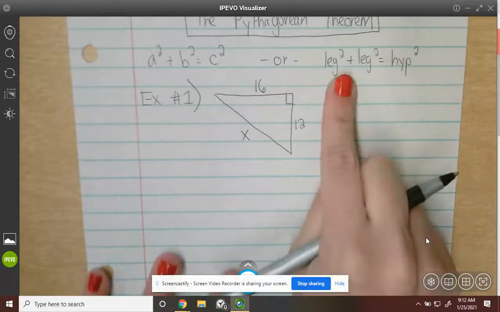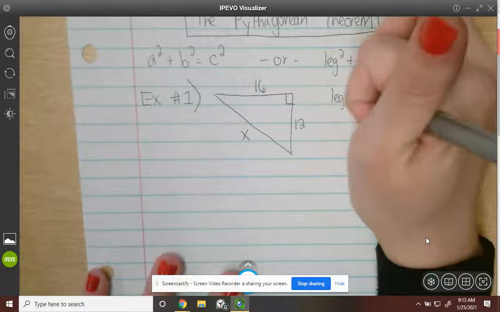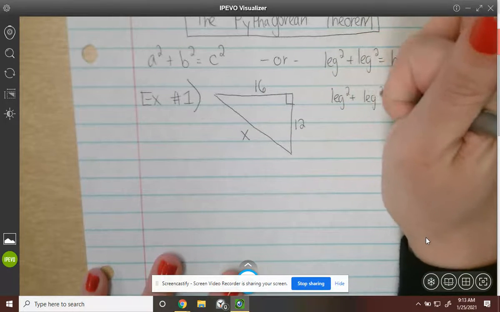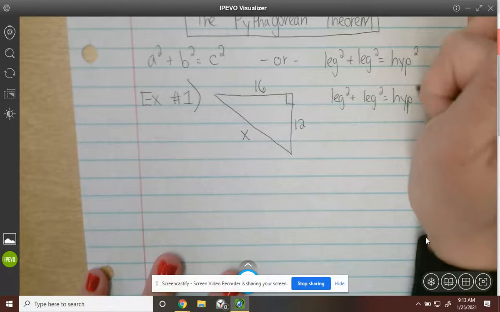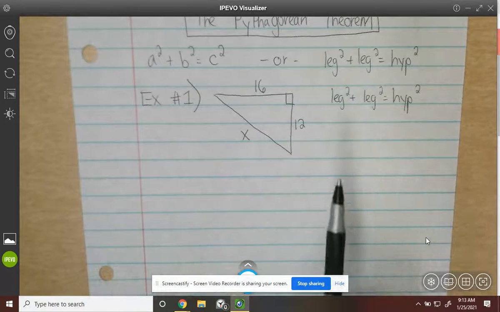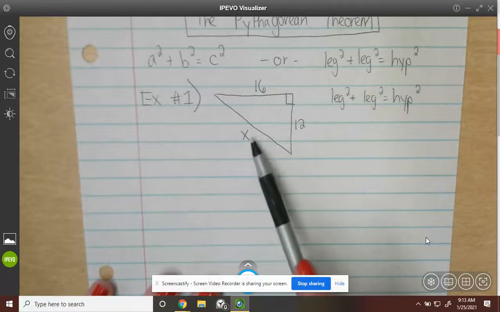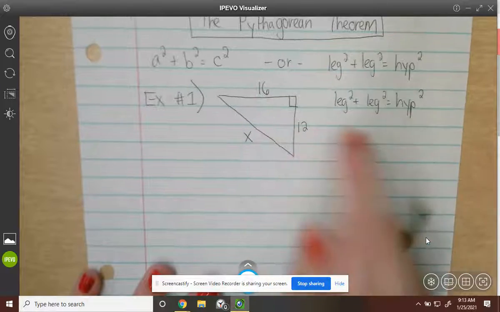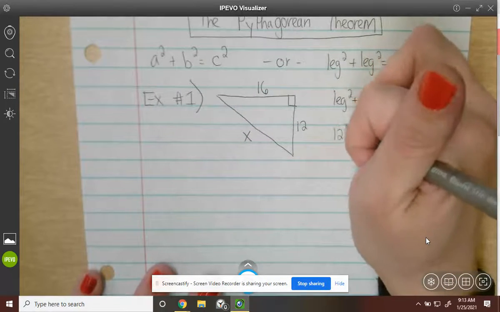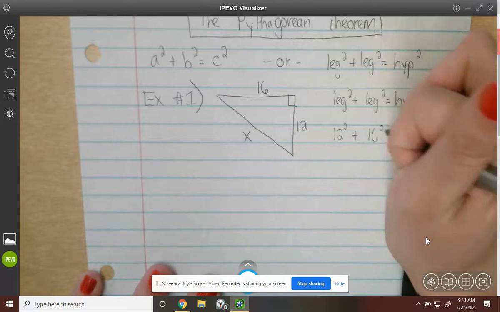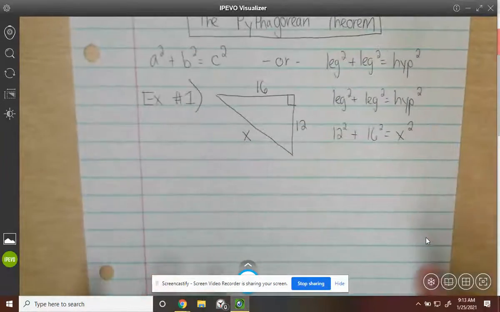So we always set up my equation: leg squared plus leg squared equals hypotenuse squared. What are we missing, a leg or hypotenuse? Well, this is straight across from the right angle, so I'm missing my hypotenuse. It doesn't matter which leg goes first. So 12 squared plus 16 squared equals x squared.